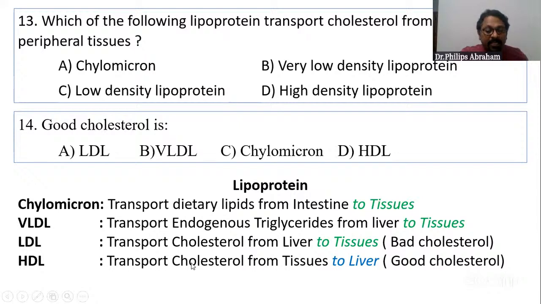And regarding the transport of cholesterol from tissues to liver, we require PUFA. What is PUFA? Polyunsaturated fatty acid, or essential fatty acids come under that. That point also you should note. So here, in both questions, asked in two ways, the answer is HDL, high density lipoprotein.